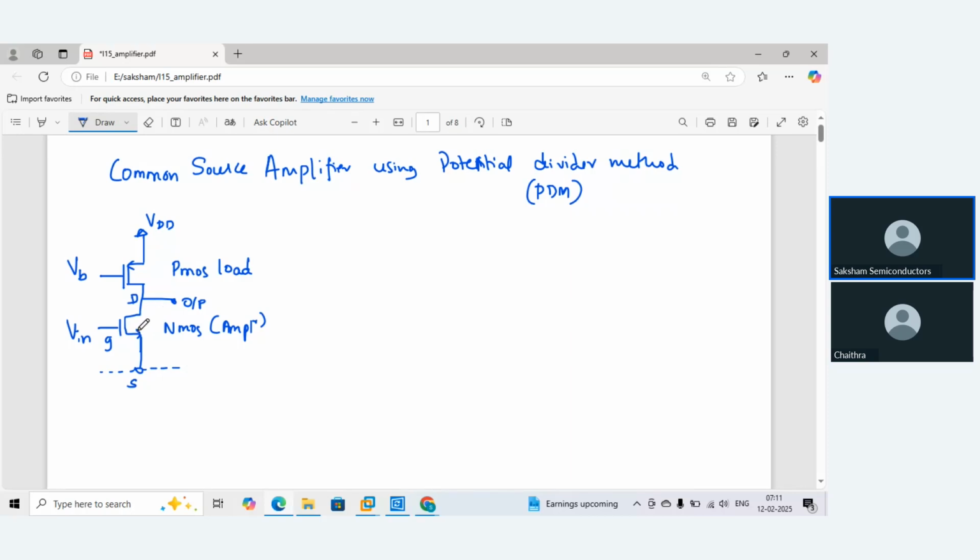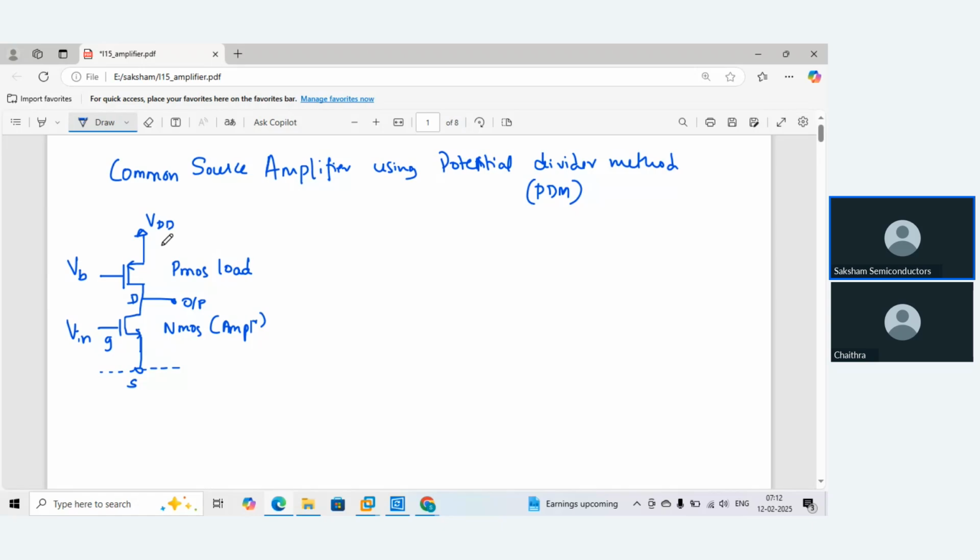There are multiple ways to bias it, and one of the simple ways is to use a simple PMOS. I'll give some constant voltage over here so that this PMOS produces a constant current. That same current would be flowing into my NMOS, thereby making my NMOS also go into the saturation region. So that is basically the idea over here.